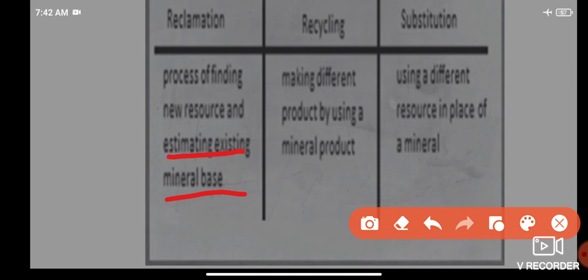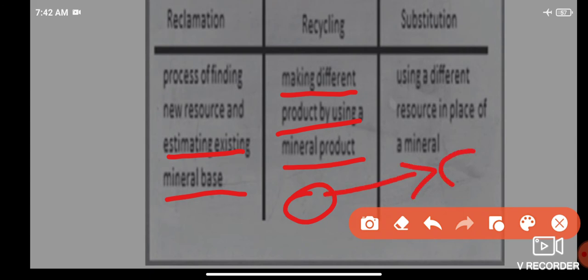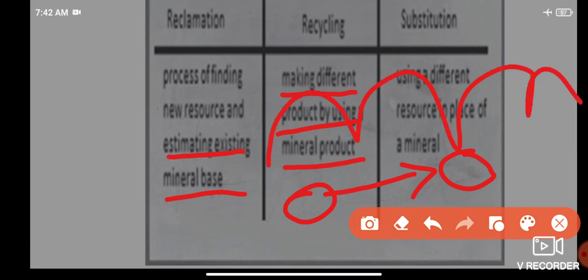Similarly, when it comes to recycling, we can use the same product and make it into different products again. After recycling, reusing, we use it from one purpose for another purpose again. That is how we recycle.